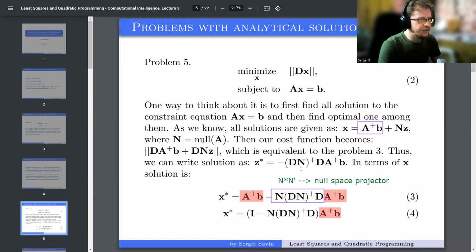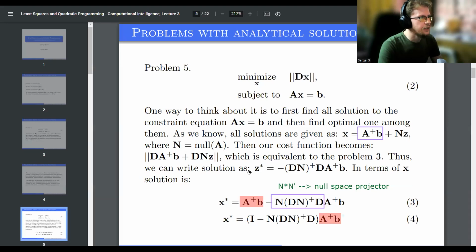But this guy here is actually a row space vector, because it is a particular solution, and the pseudo-inverse always lies entirely in the row space, etc. So this is a row space vector, but we project it into the null space. So what would be the answer?